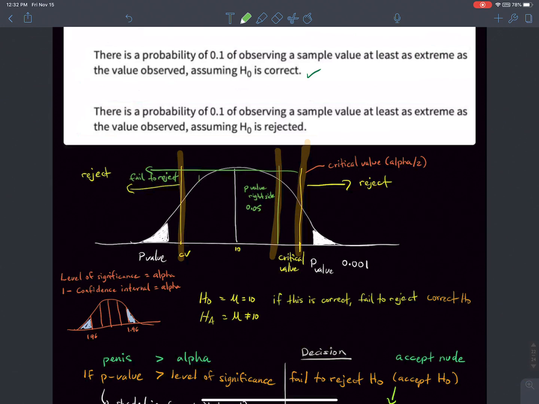See, p-value is here. This is p-value, left side. 0.05 or 10% divided by 2.